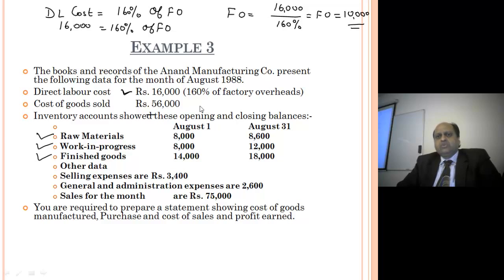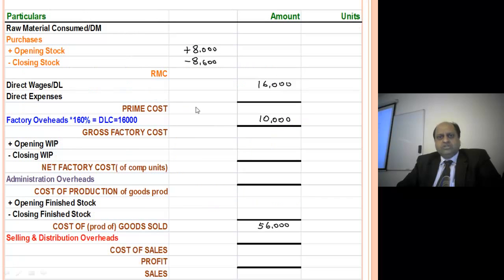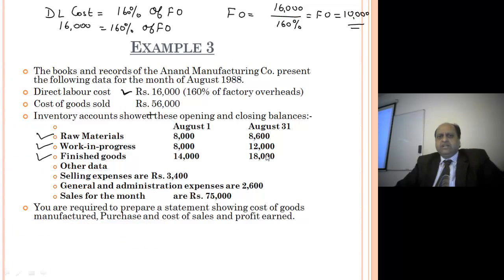So 8,000 is opening, 12,000 is closing. So let us place it. Here we will place 8,000 opening and 12,000 closing. So the best idea is to make the blank cost sheet, then keep on putting the figures wherever required. You can call it as fill in the blanks, that kind of a question.